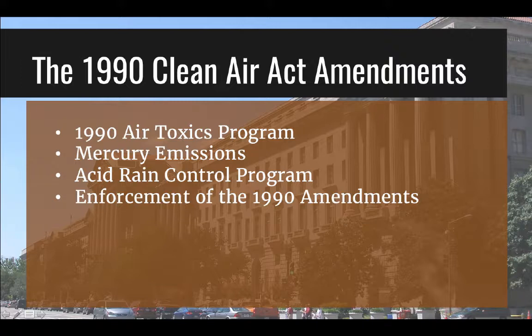In 2011, the Mercury and Air Toxic Standards, MATS, established air pollution controls for mercury and other toxics. Acid Rain Control Program. The other main accomplishment of the 1990 Clean Air Act amendments was the Acid Rain Control Program.